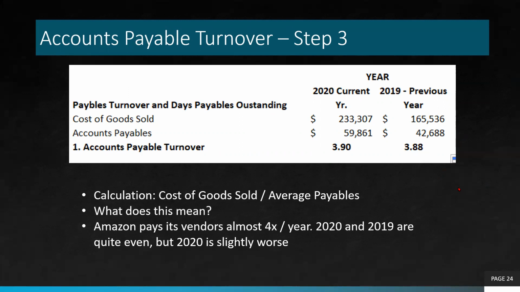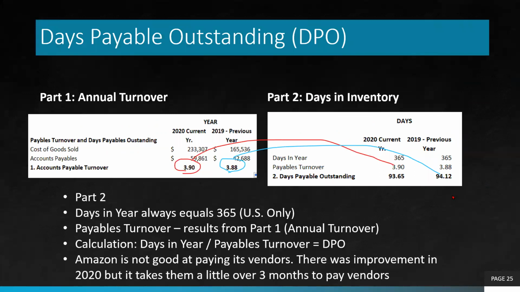So let's find out what this means. First, what we're going to do is the calculation for the days payable outstanding. Remember, you take the results of your payables turnover and you insert that number into the days payables outstanding, DPO. You take from 2019, the 3.88, you plug that in here.